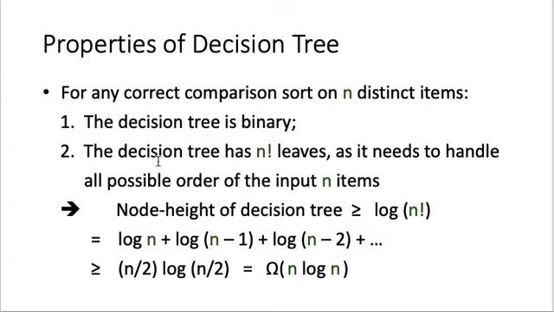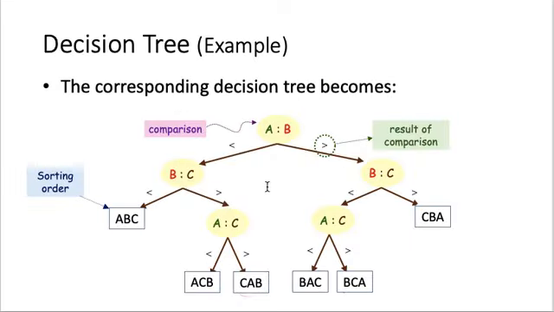Now the second thing here is the decision tree will have at least n factorial leaves, because it needs to handle all possible orders of the input of n items. So here we have 3 items A, B, C. So in that case, we must have at least one leaf, okay, here, one leaf for each possible order.